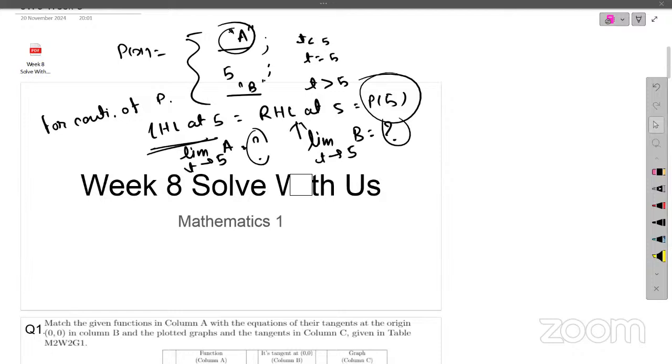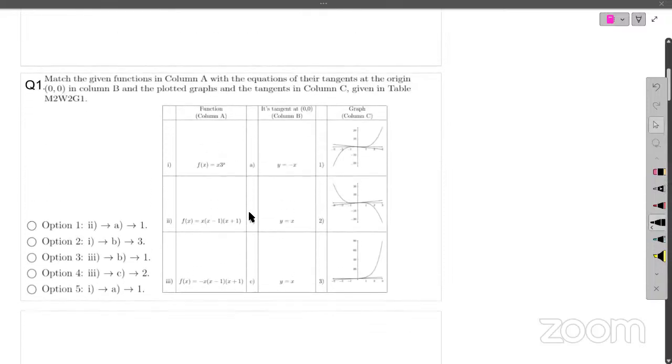Now let's try to solve some of the questions from week 8. So this is your first question. It won't take that much time, but let's see. I'll give you 4 minutes to solve it.